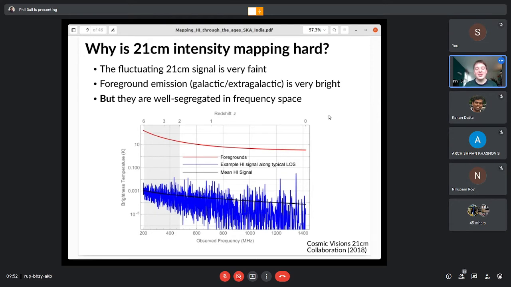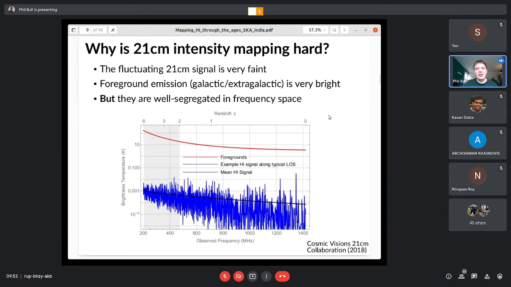If you look at this plot here, I've got brightness temperature on the y-axis and just observed frequency on the x-axis. This is a simple simulated signal, and the mean HI signal is this black line. You can see here it's at the milli-K level. There are some uncertainties in that. And then you can see fluctuations around that.